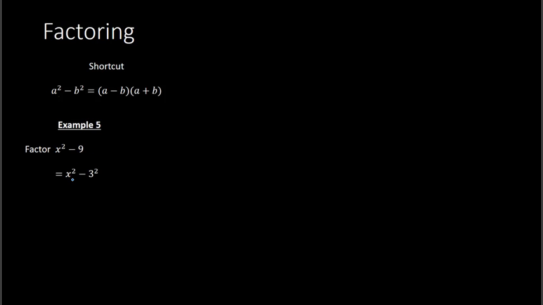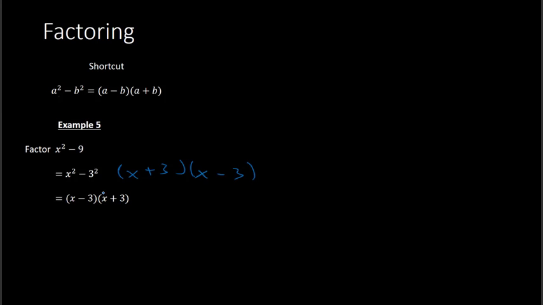So x squared minus 3 squared. So using the shortcut in the backwards format, we take x and 3, put it here and then here, and just make one positive and one negative. So x plus 3 times x minus 3. Or the other way, x minus 3 times x plus 3.